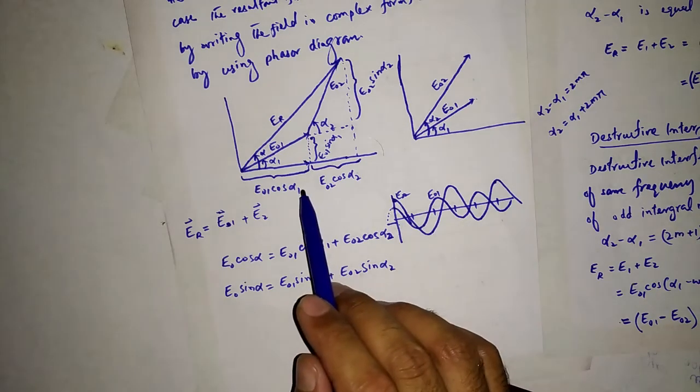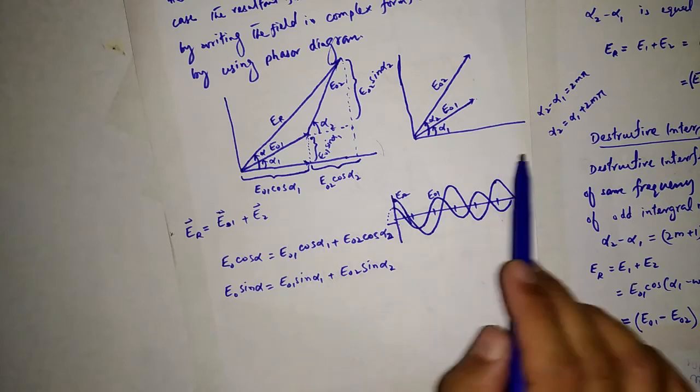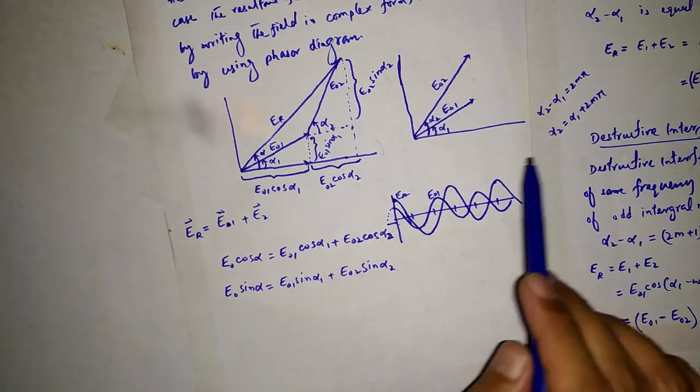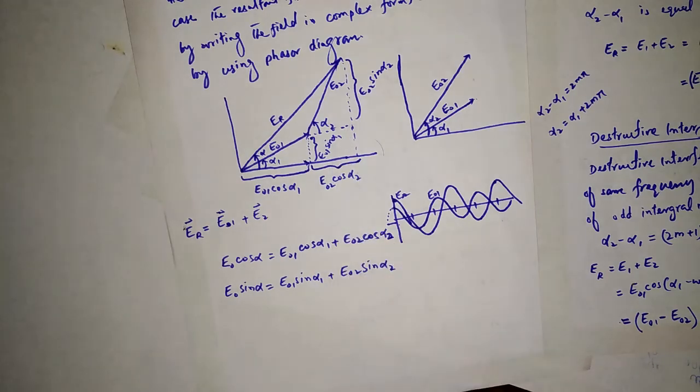Also, in complex quantities, the horizontal line gives the real part of the complex quantity, and the vertical line represents the imaginary part.